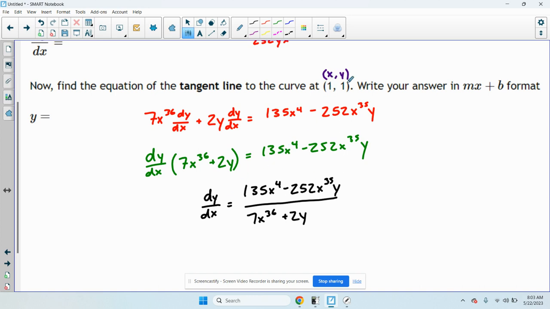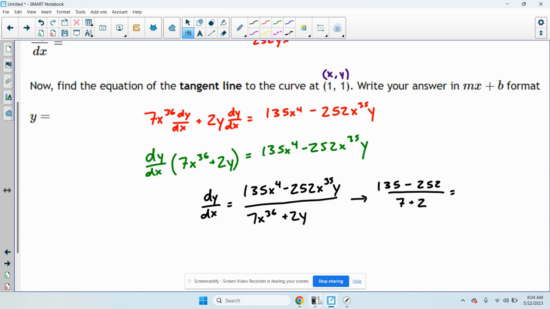We already know that it's tangent at the point 1, 1, so we need the slope. So if I just plug in 1, 1 here, I get 135, plugging in 1 for x, so 135 times 1 to the 4th is 135, minus 252 times 1, so minus 252, all over 7 times 1 plus 2 times 1.